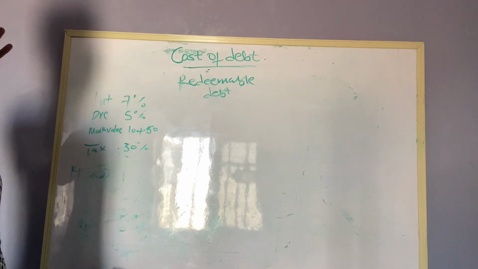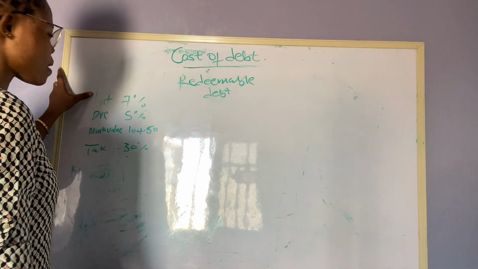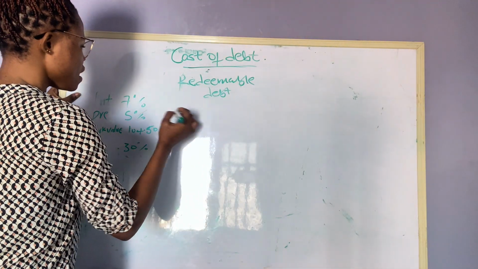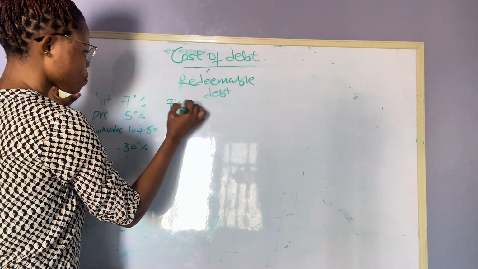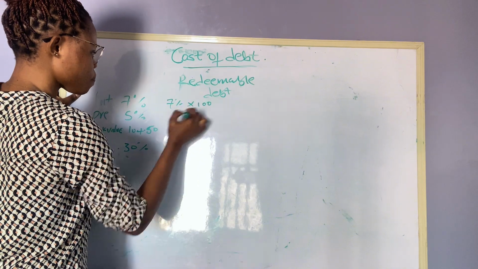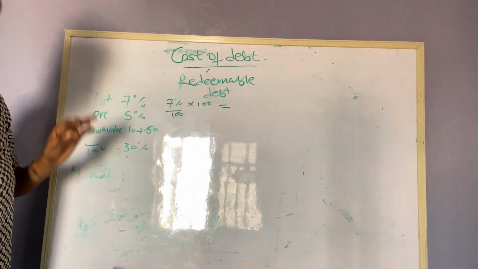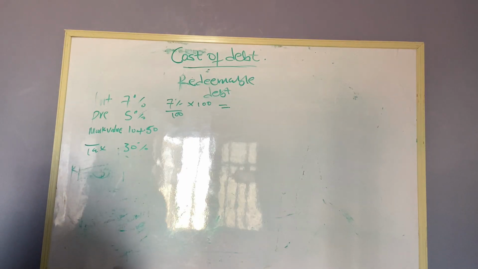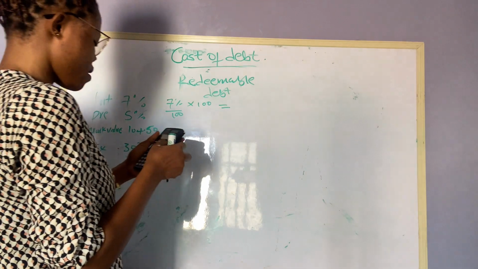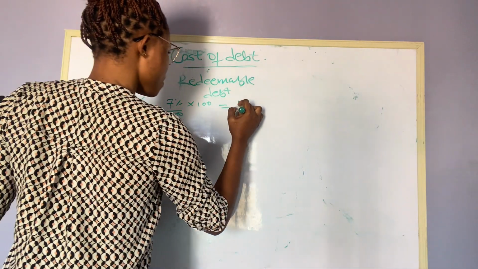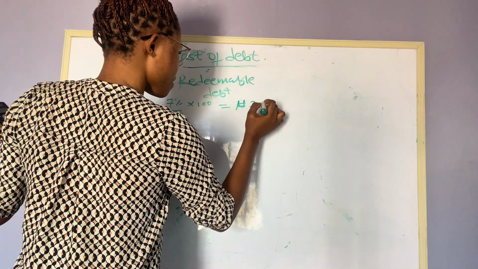Now for us to get our annual interest amount, we say 7% times 100 divided by 100, which gives us 7 naira.